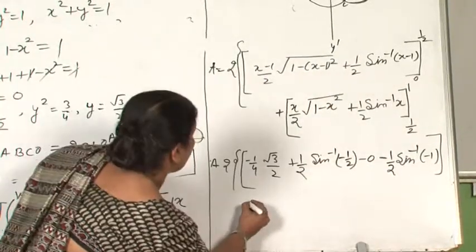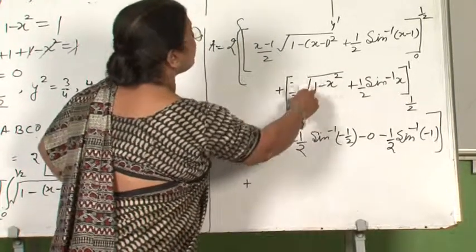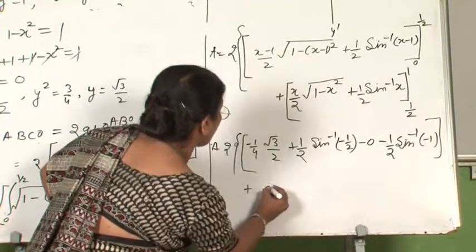Now, second part. When x is equal to 1, the first term becomes 0 because 1 minus 1 is 0, so no need of writing this.